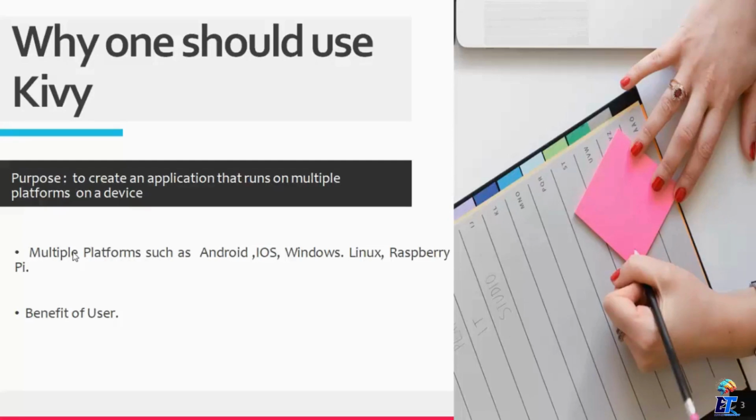It runs on each and every platform with just writing the code once, which is a benefit for the user. He'll be able to use all the platforms with this particular Kivy library, and also for the programming developer who writes the code, as all the graphical user interface libraries are available in Kivy.